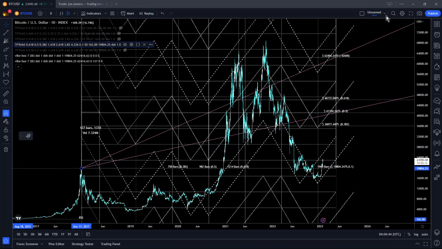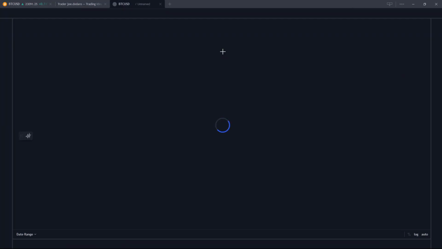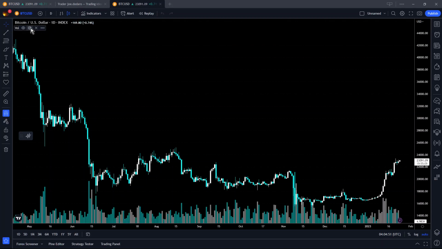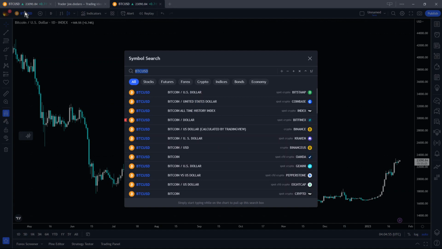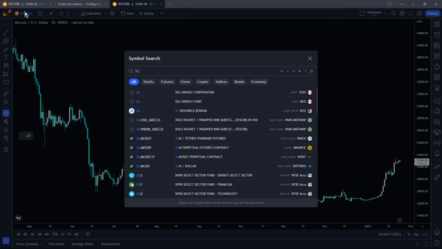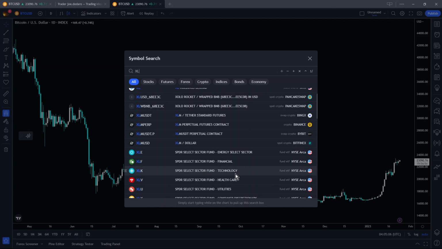So let's pull up a new layout. And let's do something like, well, XL, let's see, XLE is energy, XLF is financial, XLK is technology. Those are important things to look at.